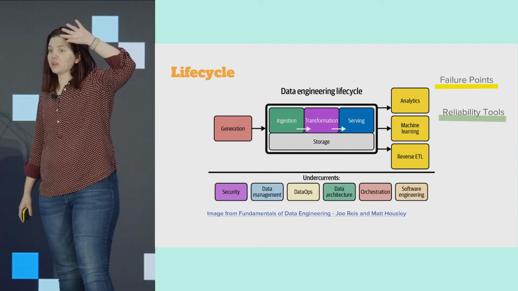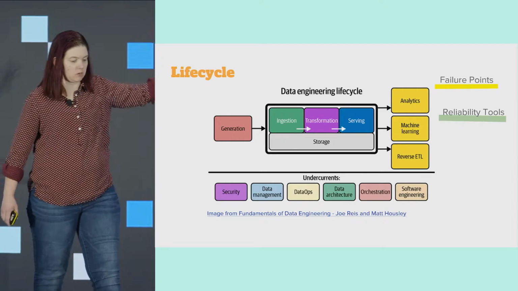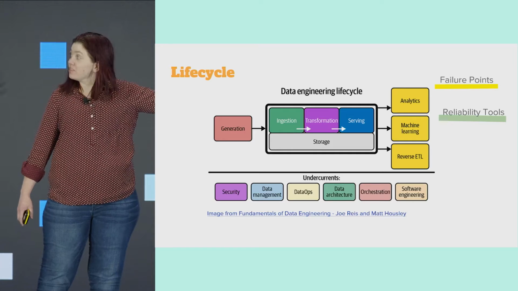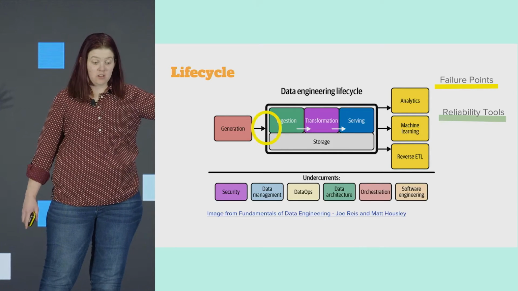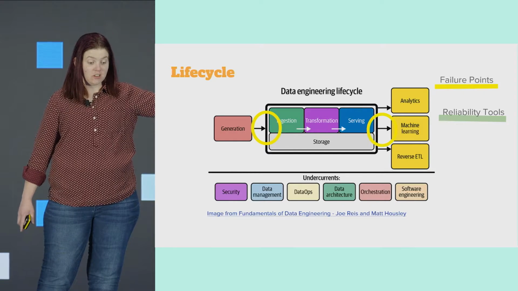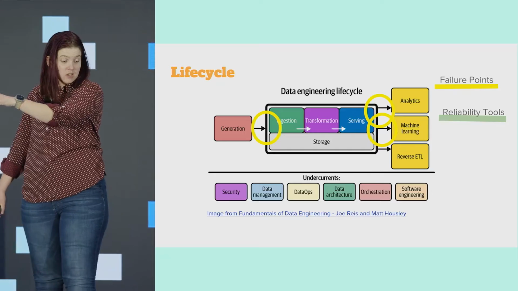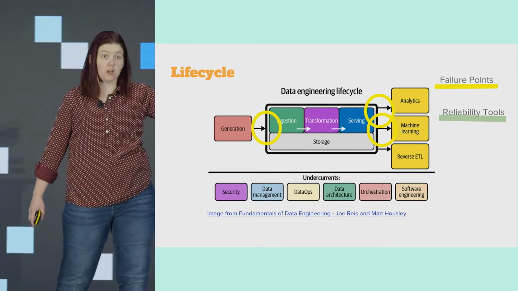Anybody seen this picture before? This picture comes from the Fundamentals of Data Engineering book by Joe Reese and Matt Housley. Where in this life cycle can data go down? It can go down at generation. It can go down at the point where we're giving it to our stakeholders. It can go down before we throw it over to machine learning or BI.